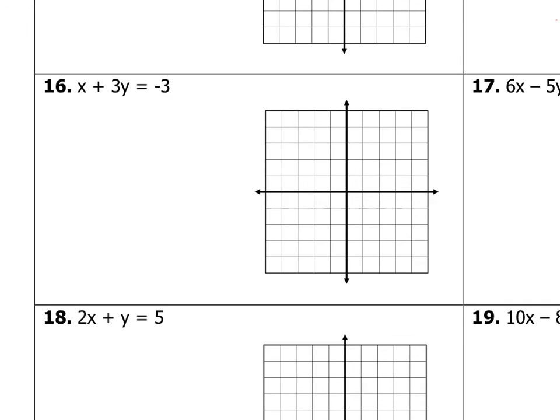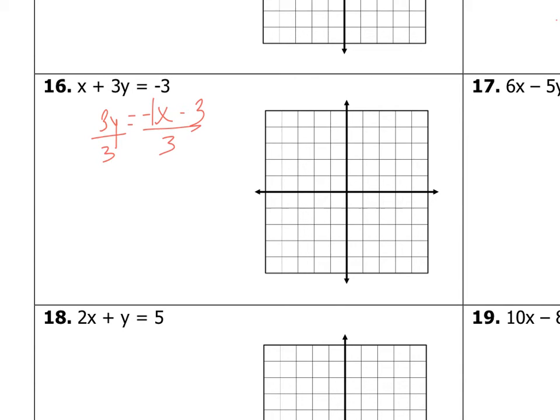All right, 16. Again, move x to the right-hand side. Not going to have to do anything with 3y just yet. Minus x minus 3. You can think of that as a negative 1x. Divide everything by 3.